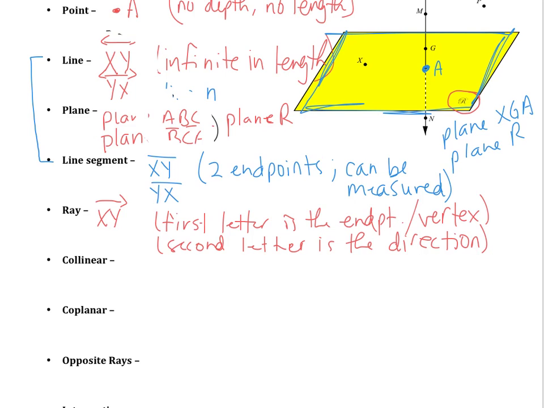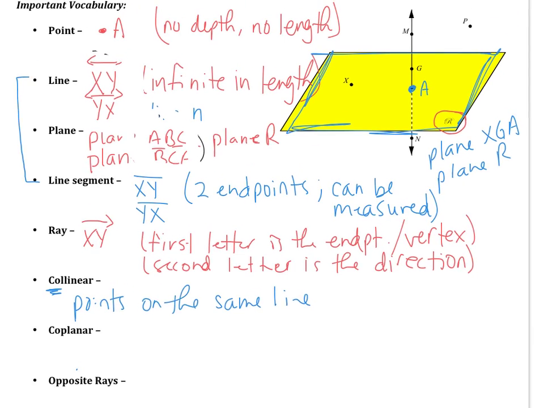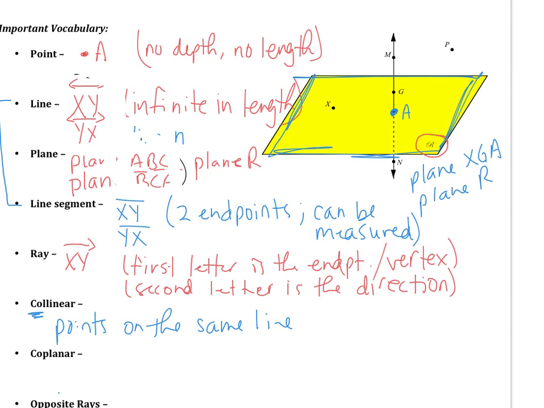All right, collinear. You probably learned the prefix co means together, so collinear means points together on the same line. So, points on the same line. Let's go back up to our example that we see up here with the yellow.